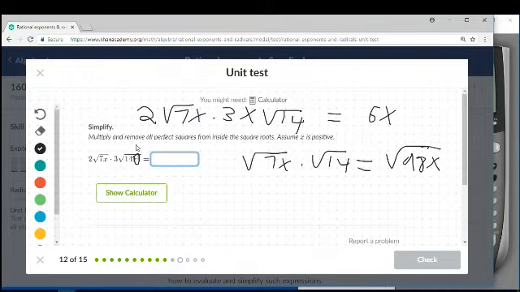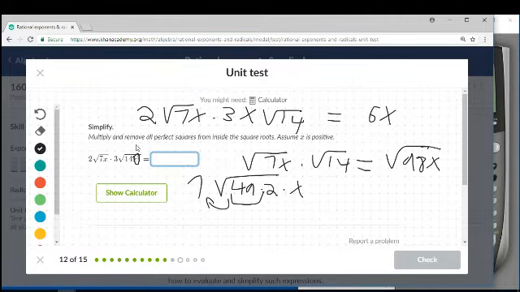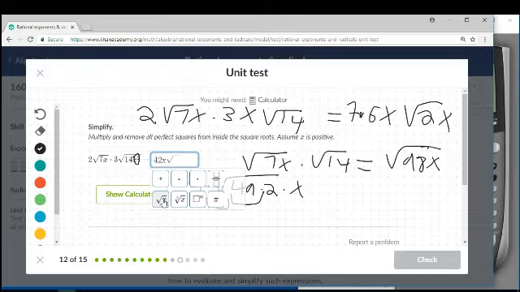And then square root of 98x is equal to the square root of 49 times 2 times x. We can bring out the square root of 49. That becomes a 7. So that becomes 6 times 7 times the square root of 2x. That becomes 42x times the square root of 2x.